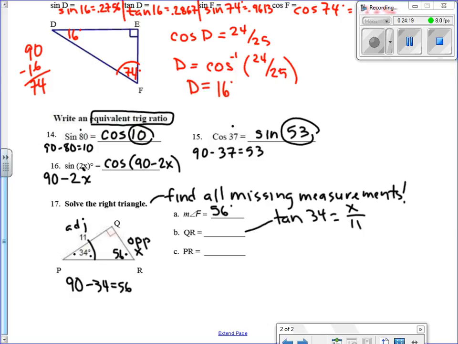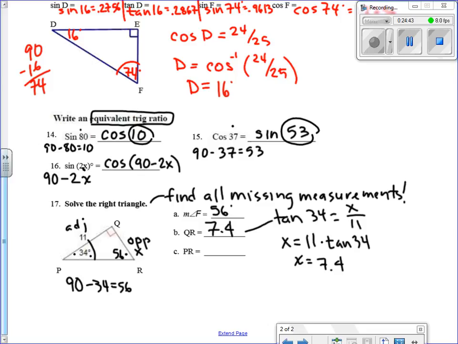And so x is on top, so I multiply. X is going to equal 11 times the tangent of 34. I pick up my calculator. 11 times the tangent of 34. Close my parentheses, and I get x equals 7.4. So I'm going to come over here and write 7.4.